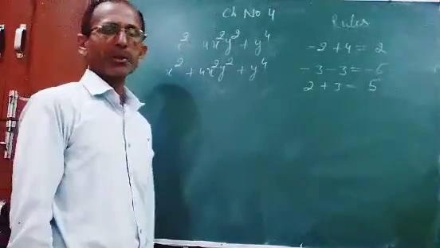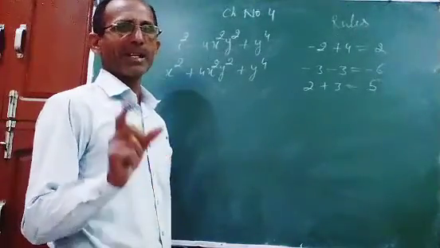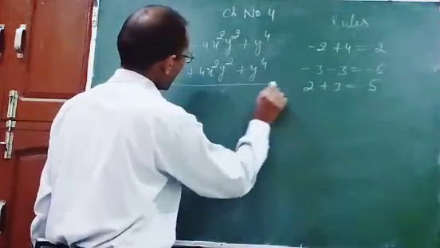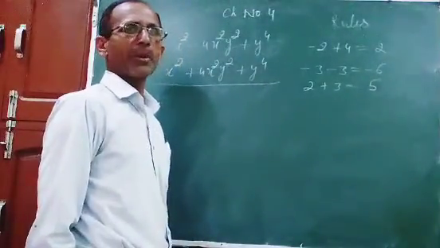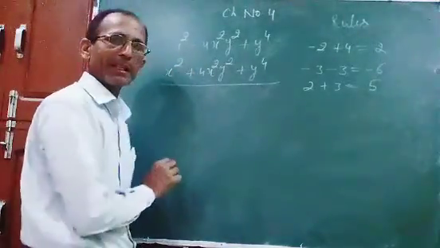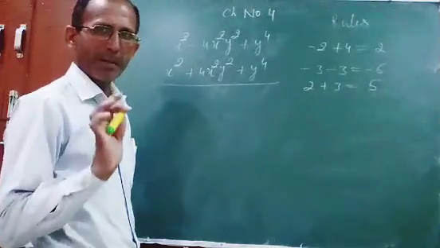As I told you, in case of addition, the signs will not change; write them as they are. Now we are adding by the column method. These are like terms. Like terms mean same base and same power.